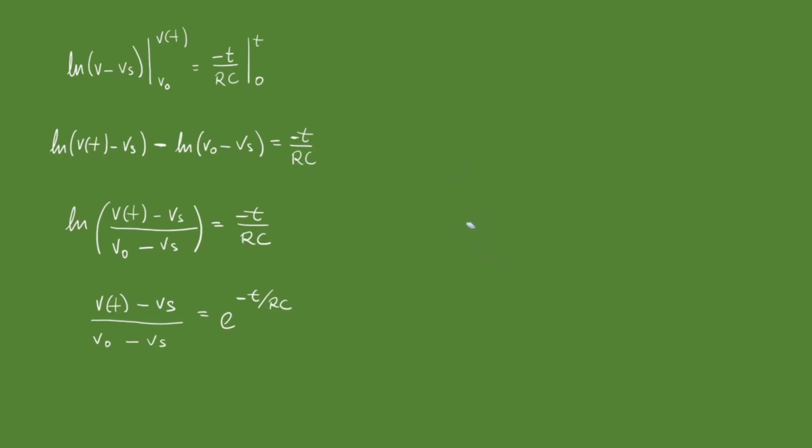So we're going to substitute that in for the time constant. So V of t minus the voltage at the source is going to equal V naught minus Vs, e to the minus t over tau. Alright, so we're through now.